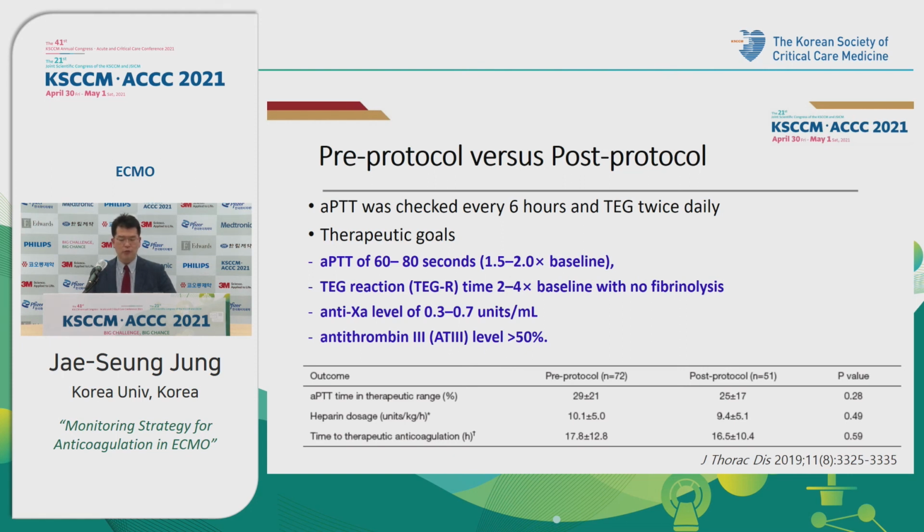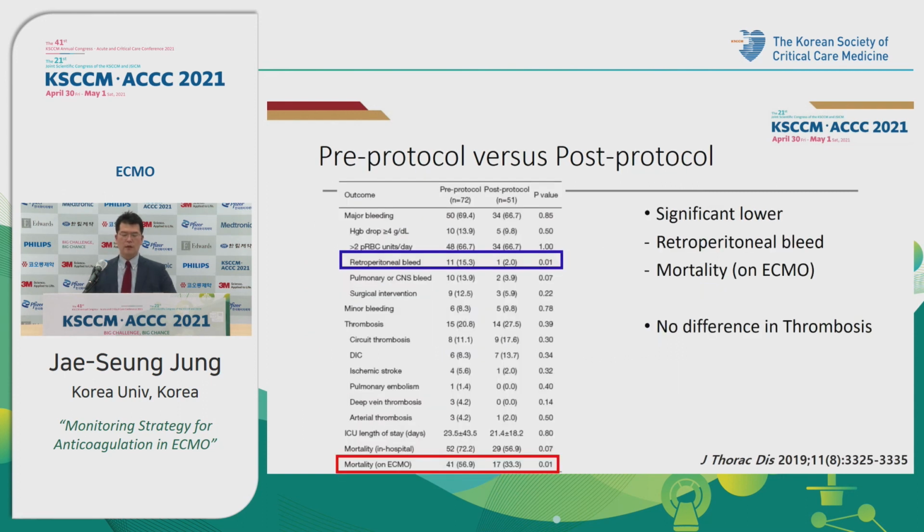Therapeutic goals were defined as APTT of 60 to 80 seconds, TEG reaction time 2 to 4 times baseline with no fibrinolysis, anti-10A level of 0.3 to 0.7 unit per milliliter, and antithrombin level over 50%. The result showed significantly lower retroperitoneal bleeding and mortality on ECMO. However, no differences in thrombosis.